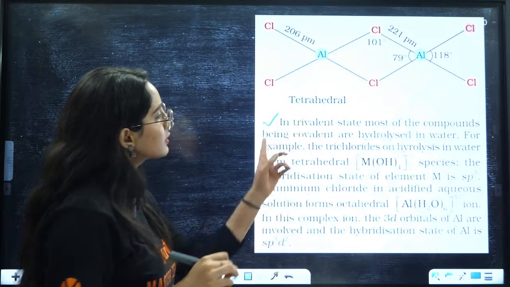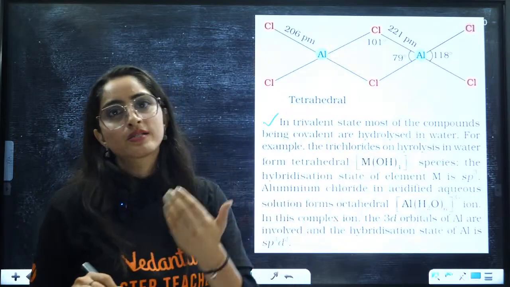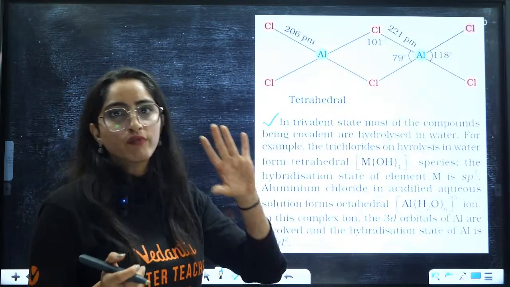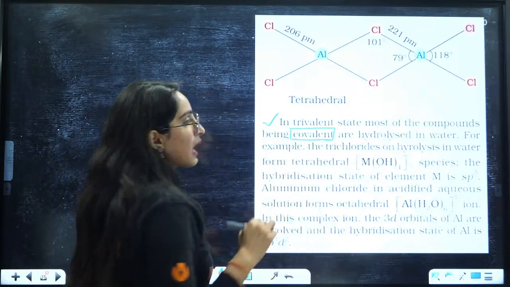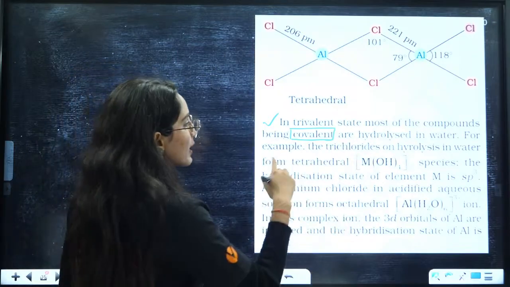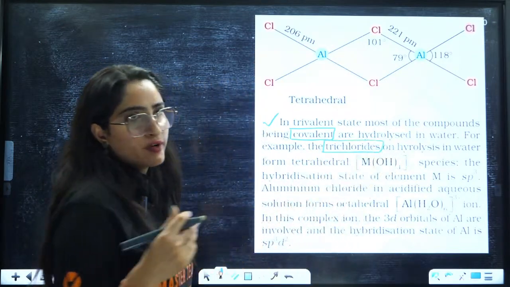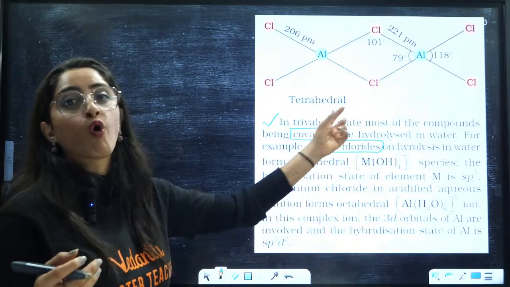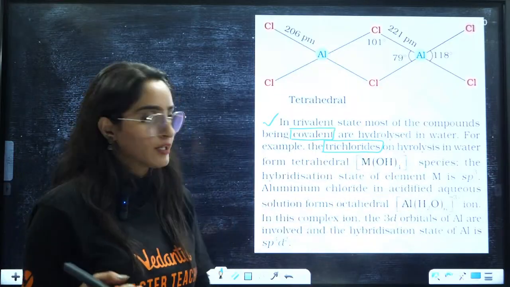Now next thing is the trivalent state of most of the compounds being covalent are hydrolyzed in water, right? They are saying the trivalent state of most of the compounds being covalent, that is why they will hydrolyze in water. For example, the trichlorides, for example BCl3. When you add water into it, it will be converted to B(OH)4 negative, right?